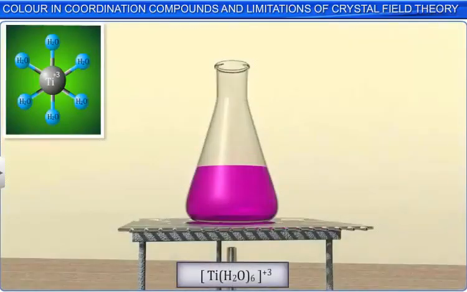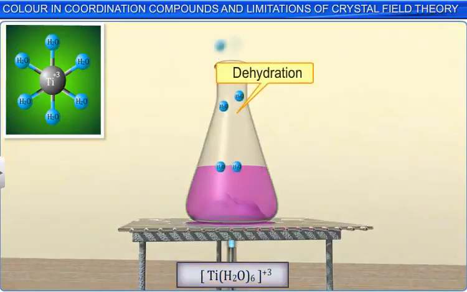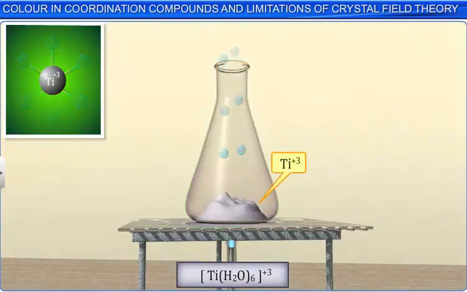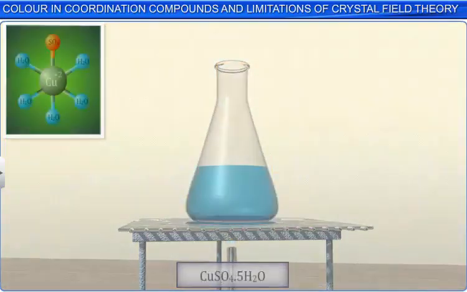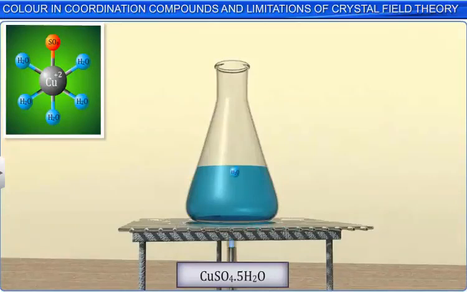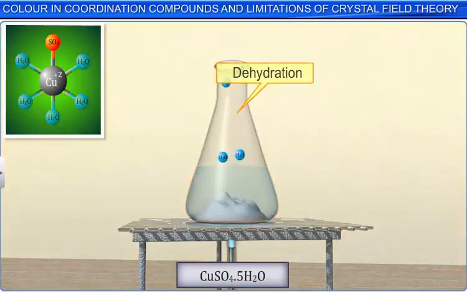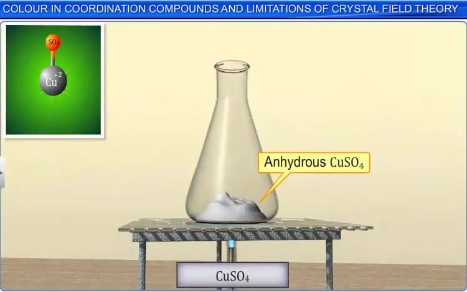For example, when hexaaqua titanium 3+ is dehydrated by heating it, it becomes colorless. Similarly, hydrated copper sulfate is blue, while anhydrous copper sulfate is colorless.